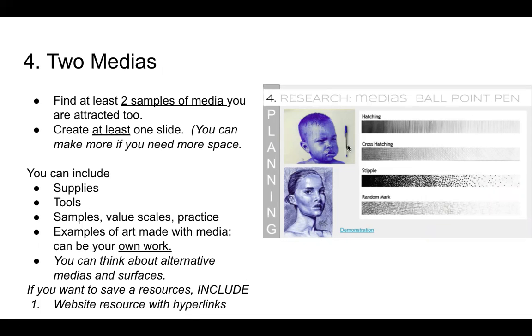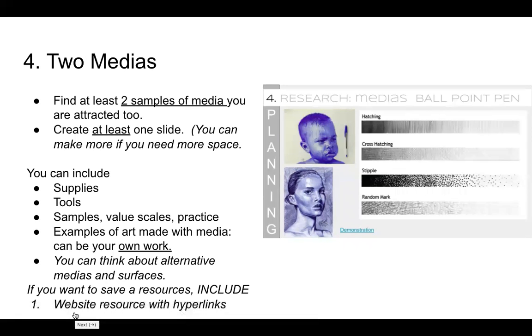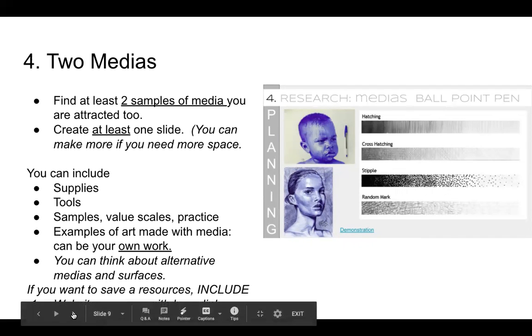I've got a picture of a ballpoint pen, the supplies you would need, samples, things like value scales that could be done with ballpoint pen or whatever media you choose, and then actual artwork samples of different kinds of techniques. You can also include video demonstrations using those supplies if that helps, as well as other hyperlinks if you have links that would be beneficial to you.